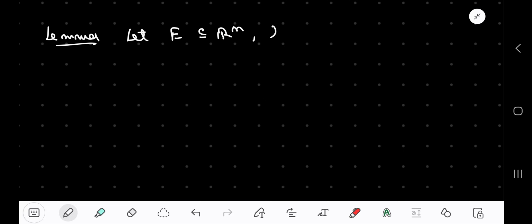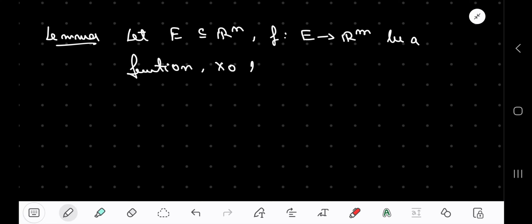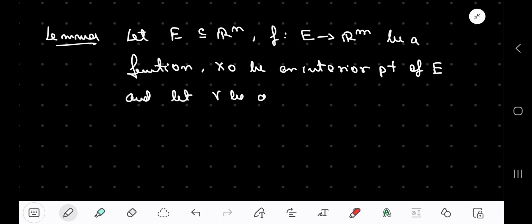So that's where this lemma comes into play, which says: let E be a subset of Rn, f from E to Rm be a function, x naught be an interior point of E, and let v be a vector in Rn.